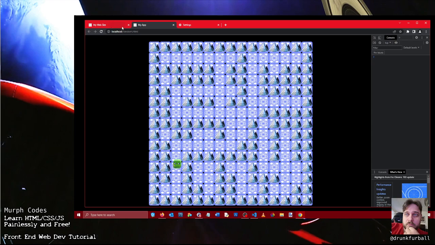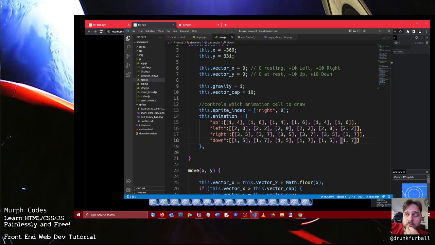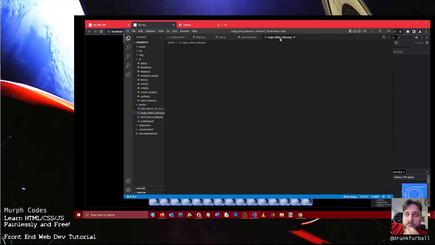The up and down seem to work a little better now. Okay. Left and right.